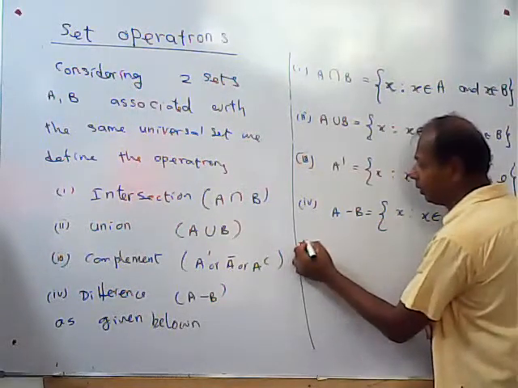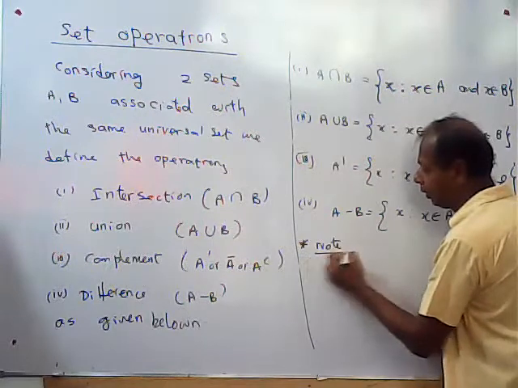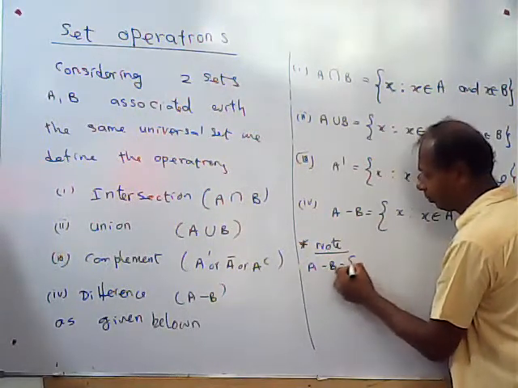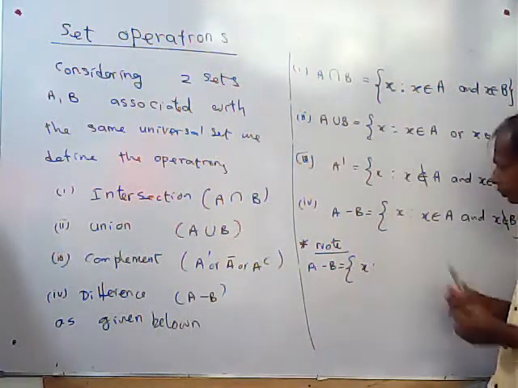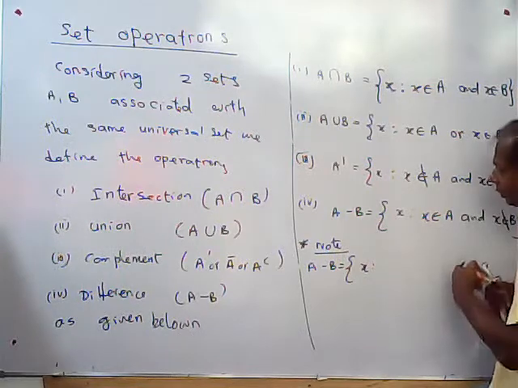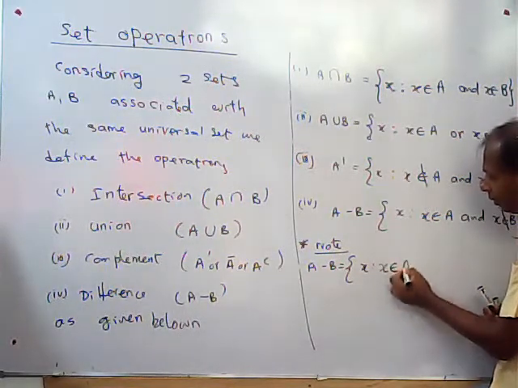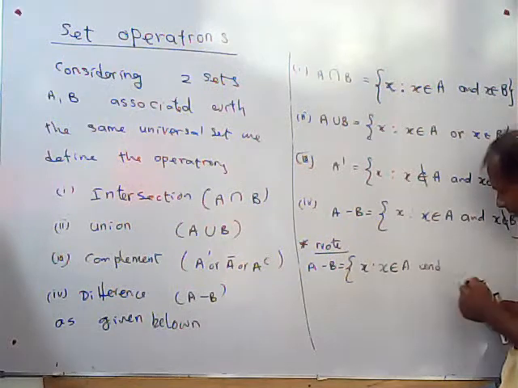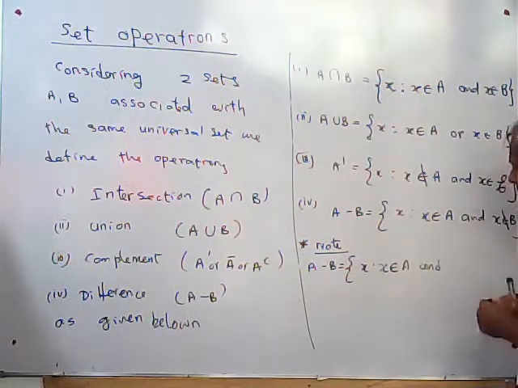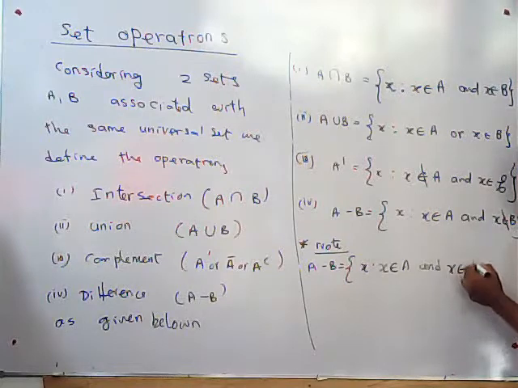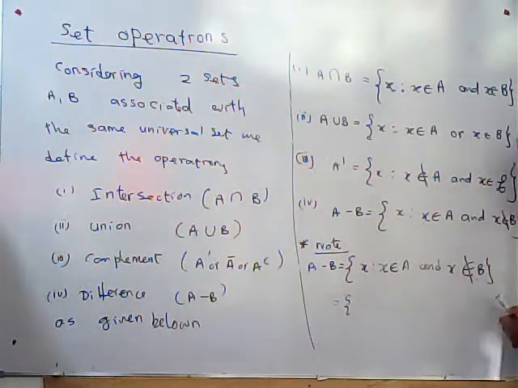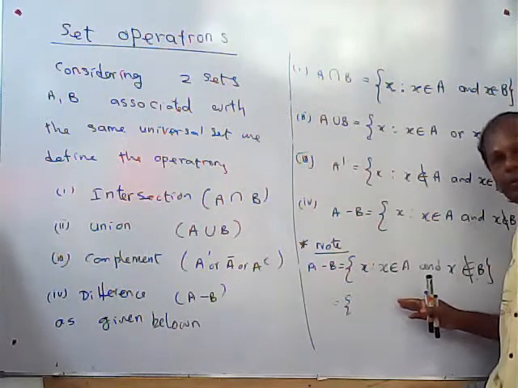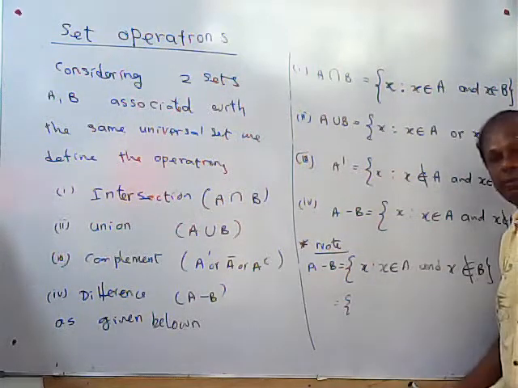But there is one important thing here. Note that A minus B is defined as the set consisting of all x. I am writing this definition: x belongs to A and at the same time x is not in B. But whether mentioned or not, we are working within some universal set.